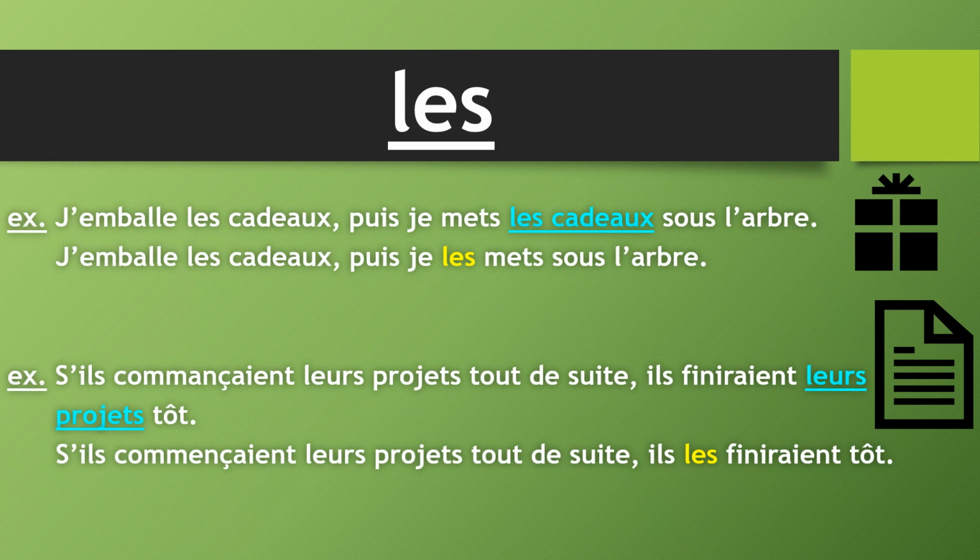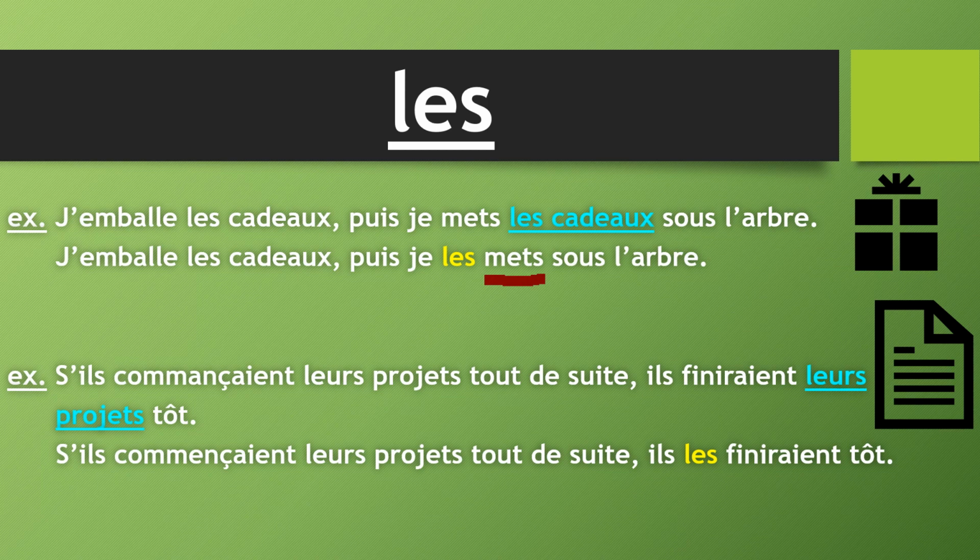J'emballe les cadeaux, puis je les mets sous l'arbre. I wrap the presents, then I put them under the tree. Since there's only one verb in the second half of the sentence, the pronoun les would go right before it.